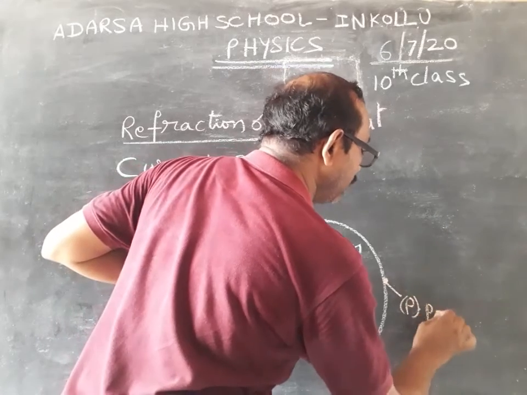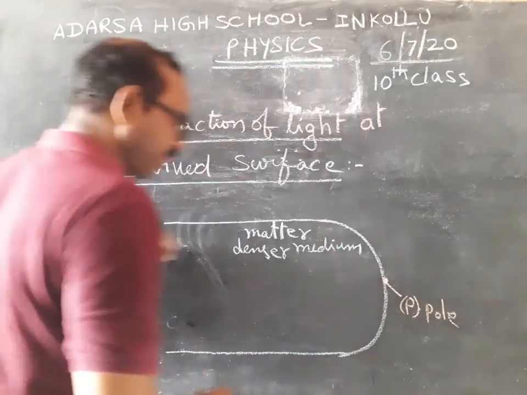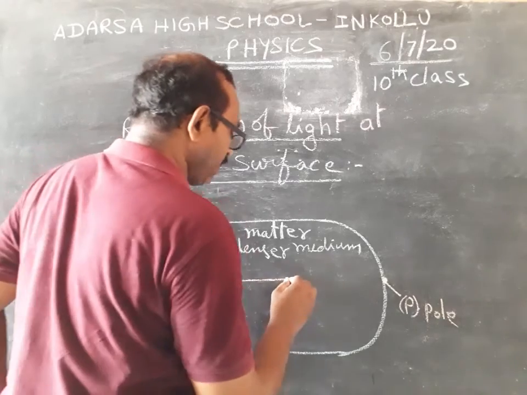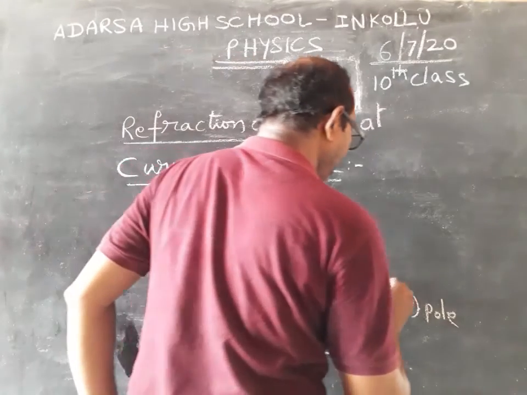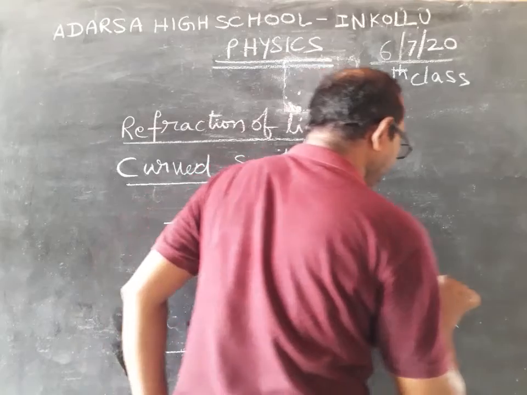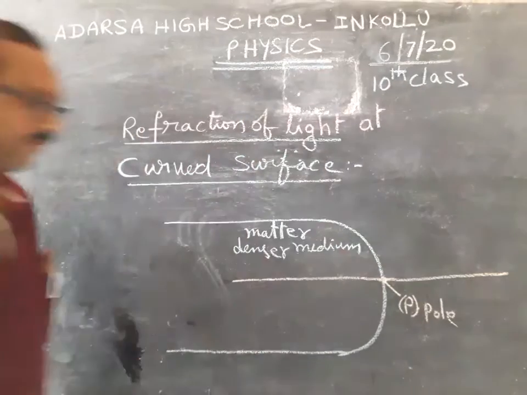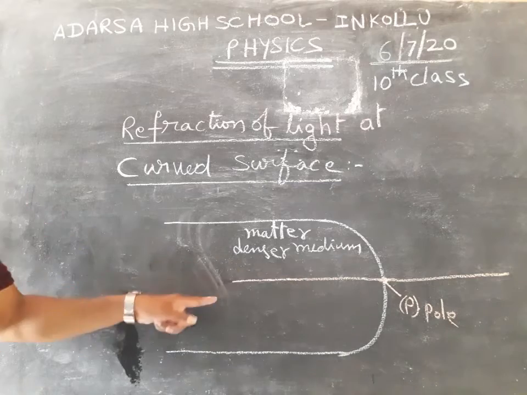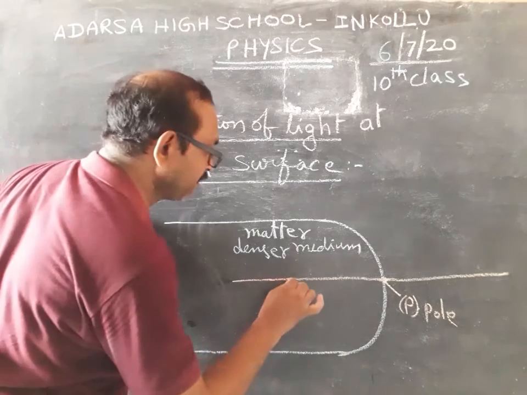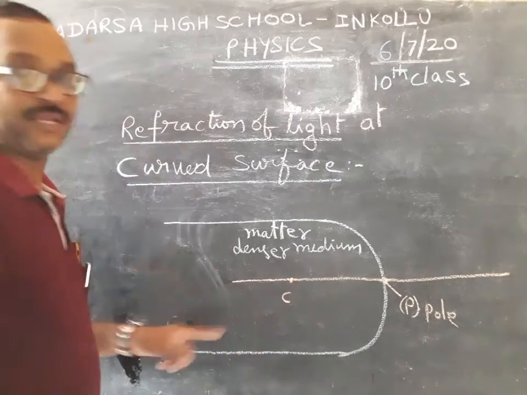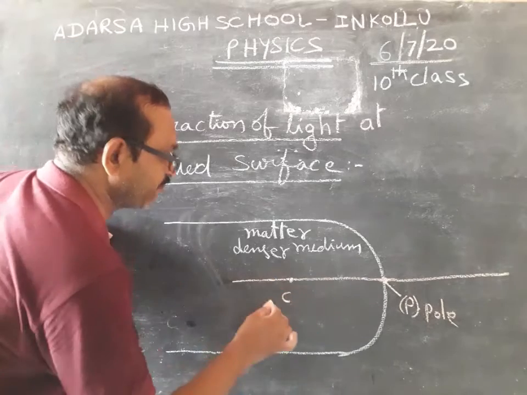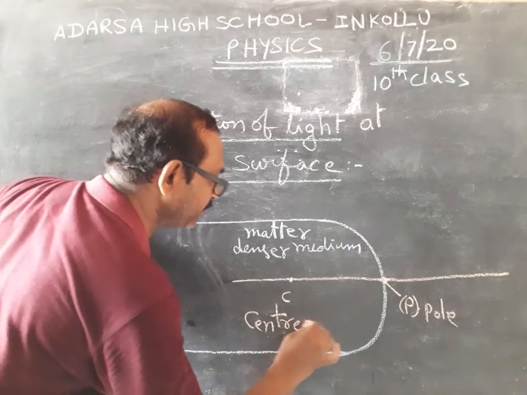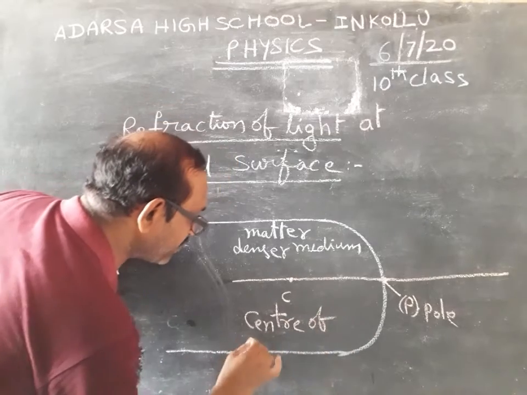An imaginary line which passes through the center of the surface, and its center of the medium, is known as C. That means center of curvature.